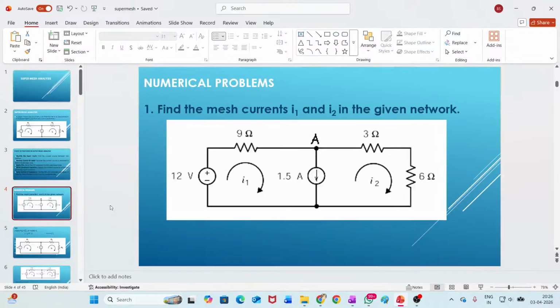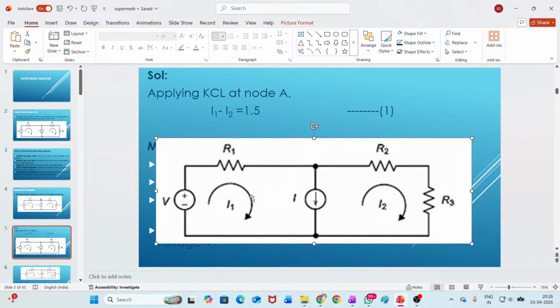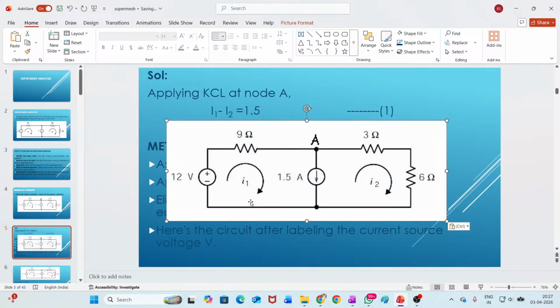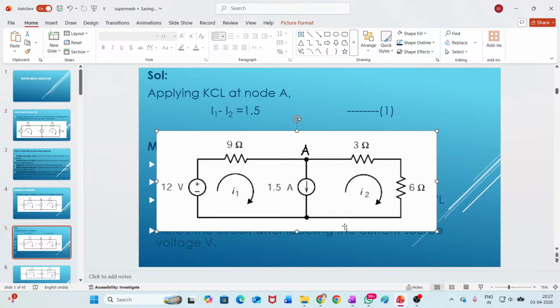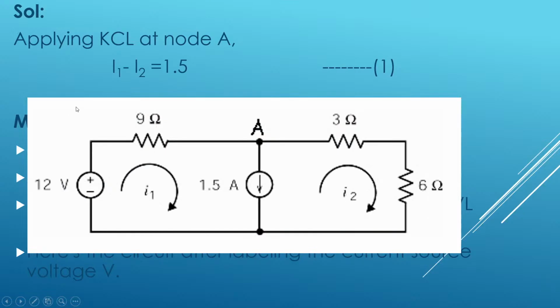I think I copied the wrong circuit. I just copied that theoretical circuit. So here I1 and I2 are opposite to each other. I1 is downward, I2 is upward.